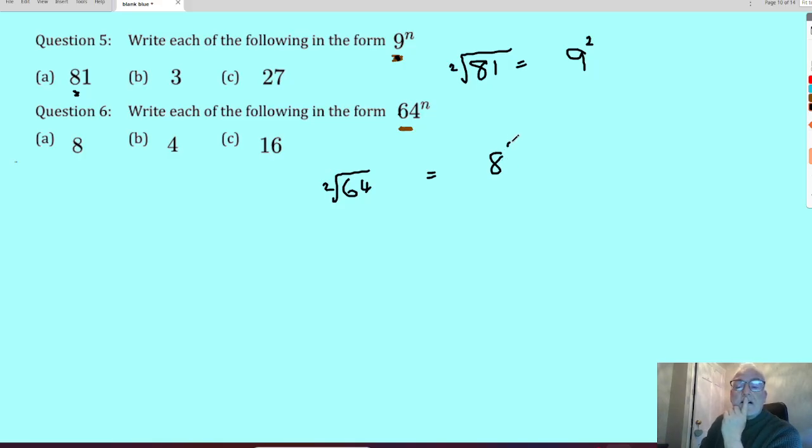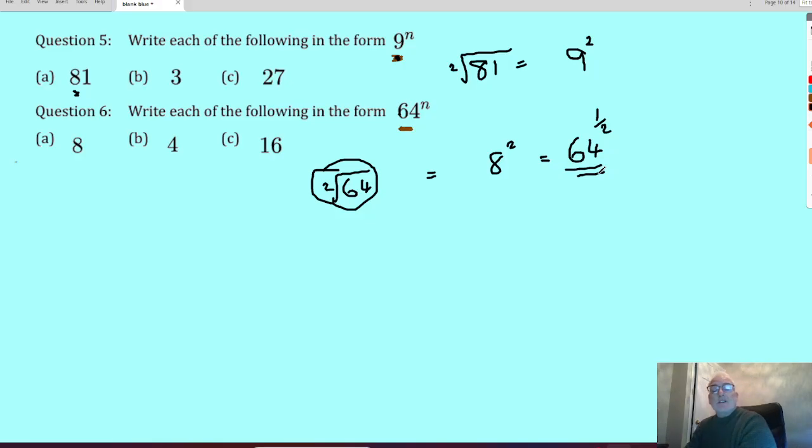I would square that to get me back. Now, 64 square rooted, how do I write that with an index? Remember, I can write that as 64 raised to the 1/2 power. So my base number is 64 in this case, and I know that I needed to square root that to get to 8. So 8 is 64 raised to the 1/2 power.